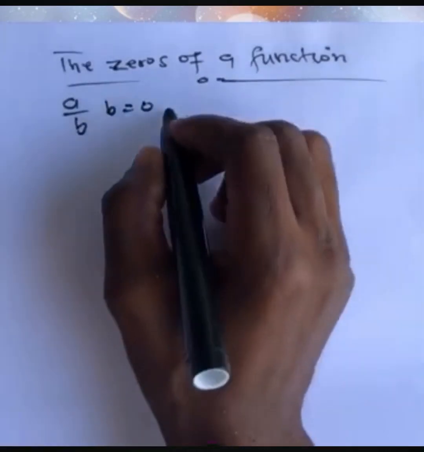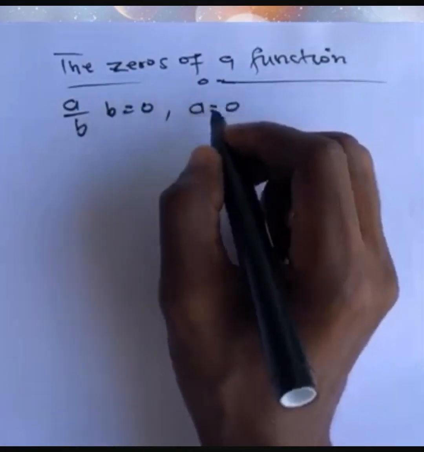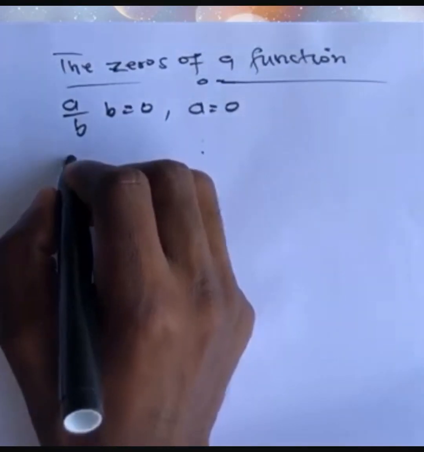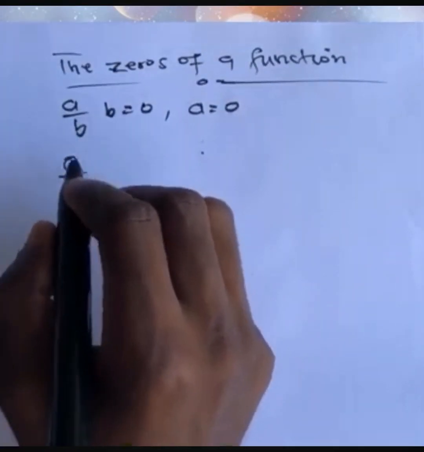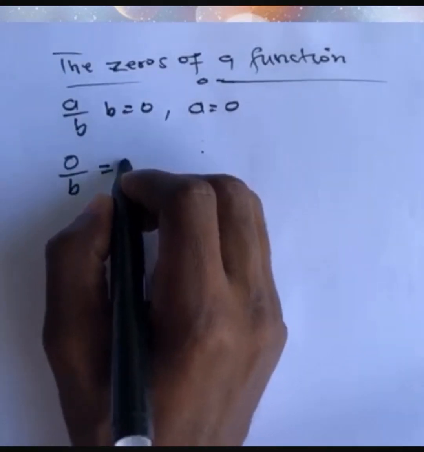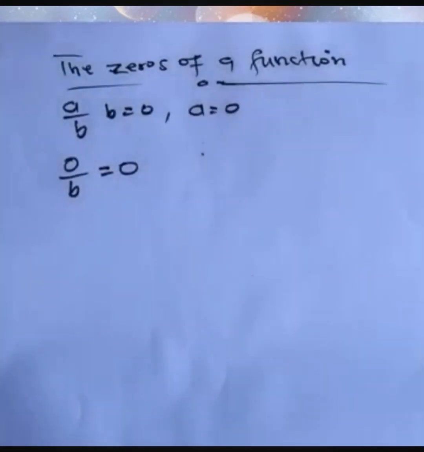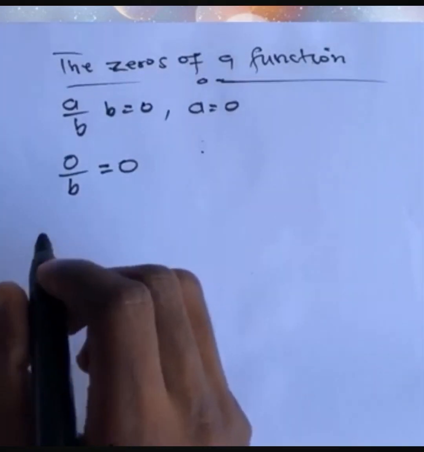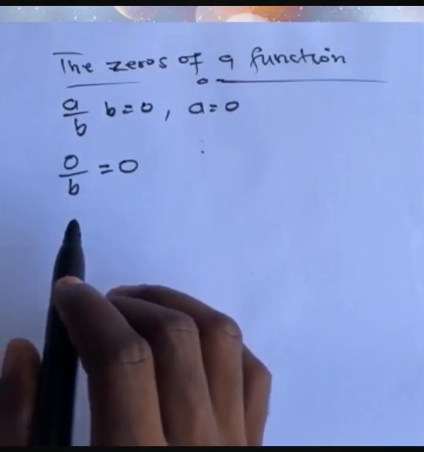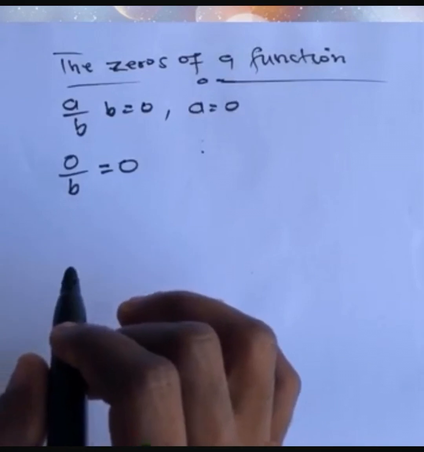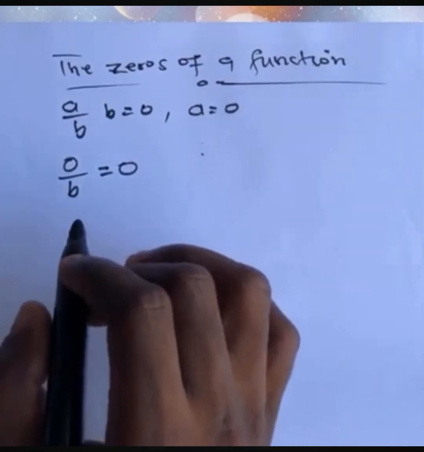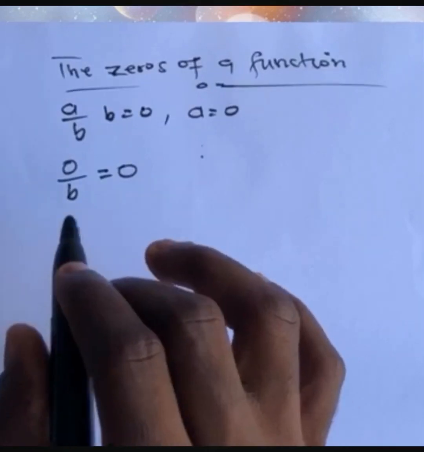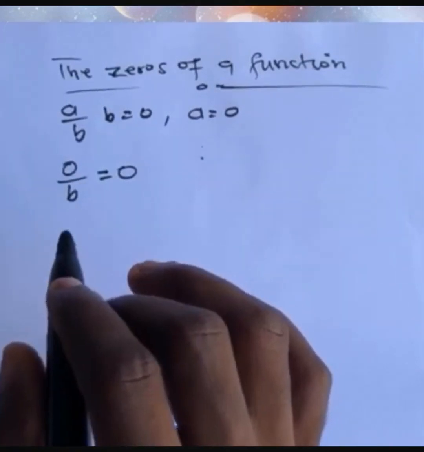So if I have a to be 0, then you can see that this is a zero of the function, because once I replace a by 0, 0 over b, I'll get what? 0. Is that okay? So from this, we can say that a zero of a function is where the numerator is what? 0. Or you can equate the numerator of whatever is given to you to 0.